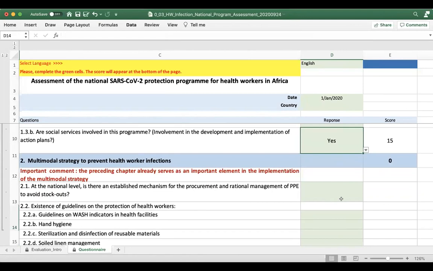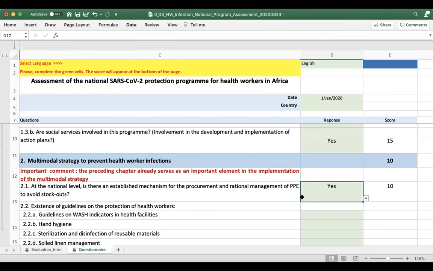Question 2.1 asks you, at the national level, is there some platform in place to be able to procure and actually manage PPE and to avoid stockouts? You would answer this question as you had answered the previous questions, and a score will be provided for you like the other questions.